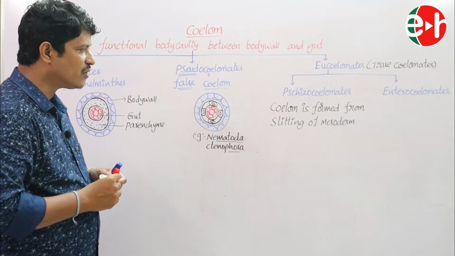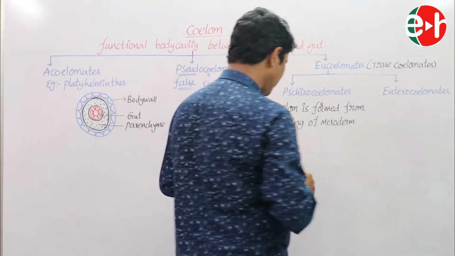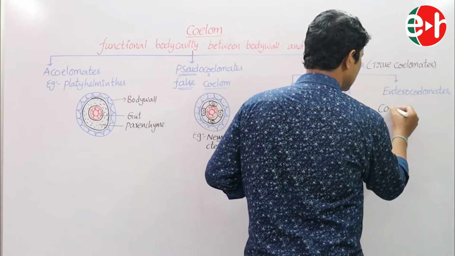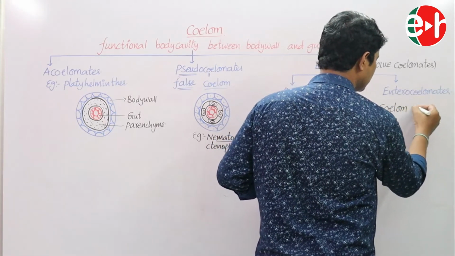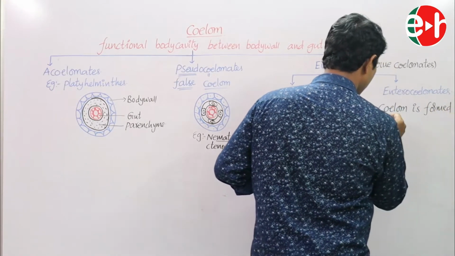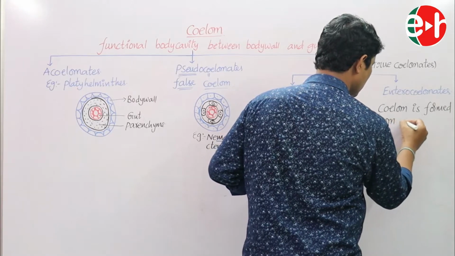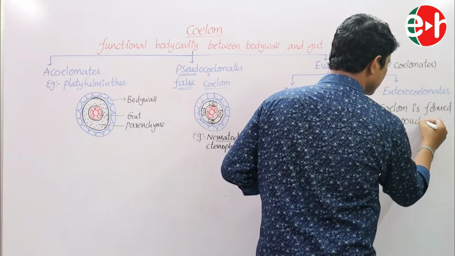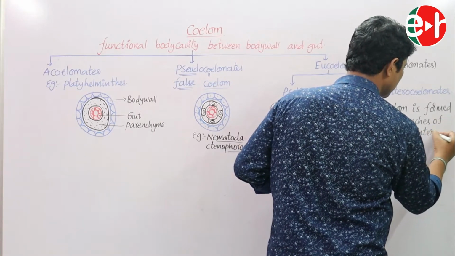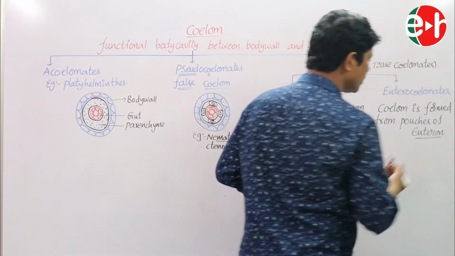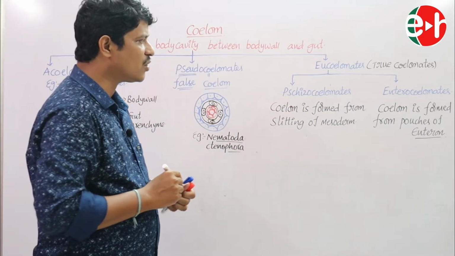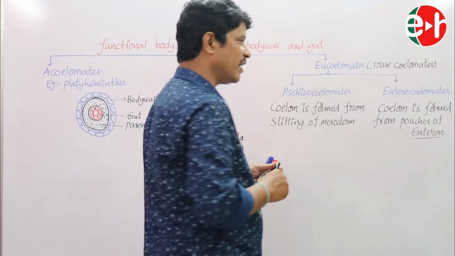This coelom is known as schizocoelom. Whereas in enterocoelomates, the coelom is formed from pouches of the enteron, or enteron pouches. If the coelom is formed from the enteron pouches, that is called enterocoelomates.